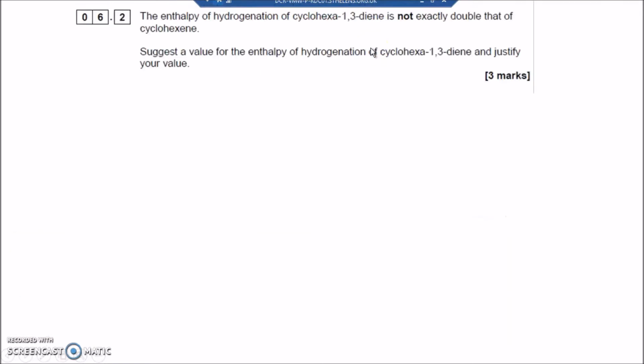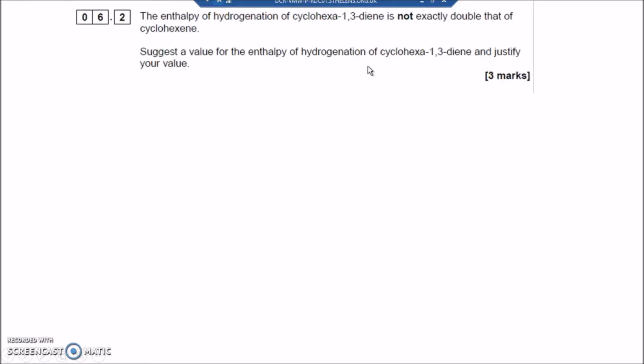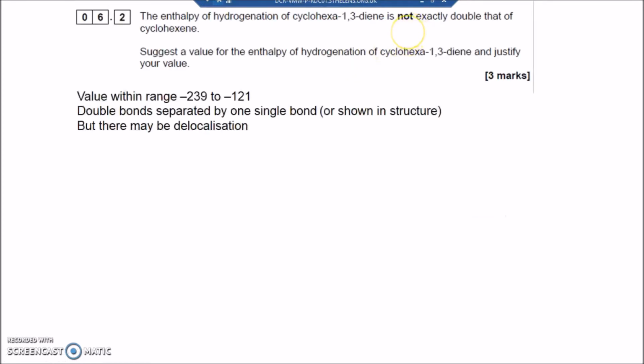It's not exactly double. Suggest a value. So you could have anything above minus 120, in between minus 120 and double, which is minus 240. You can have anything in between that because it says it's not exactly double.